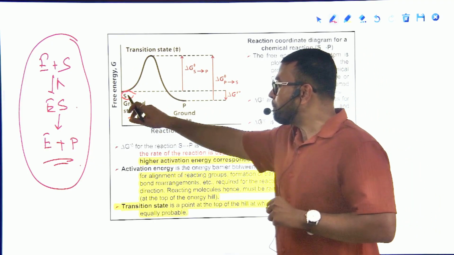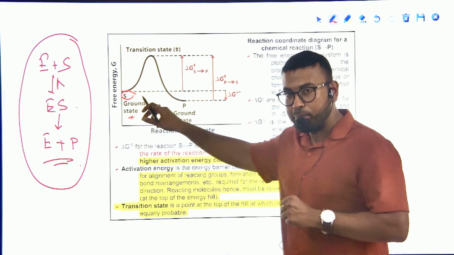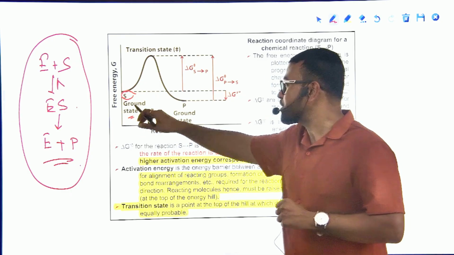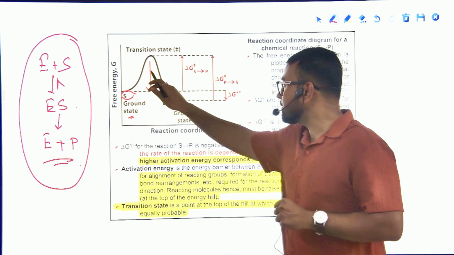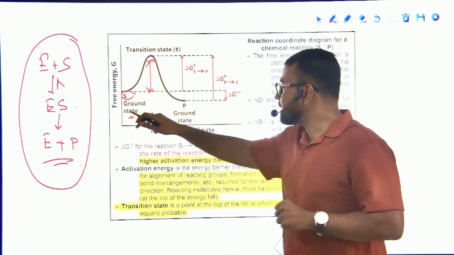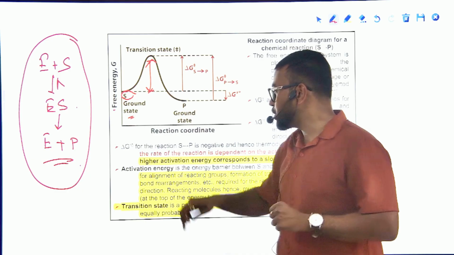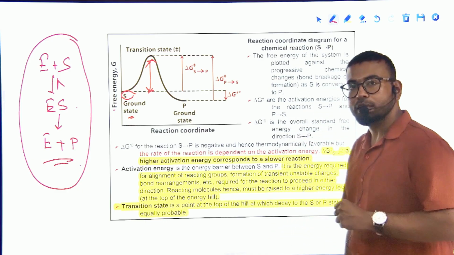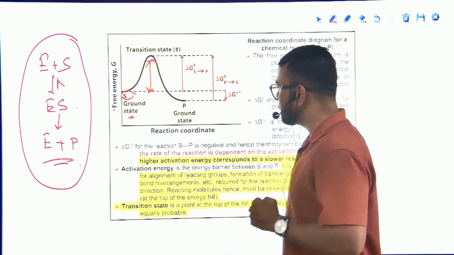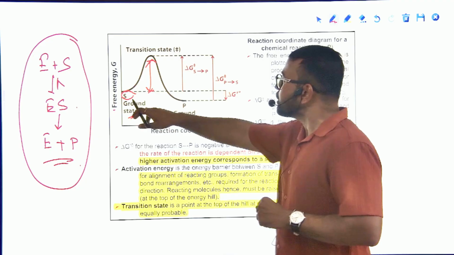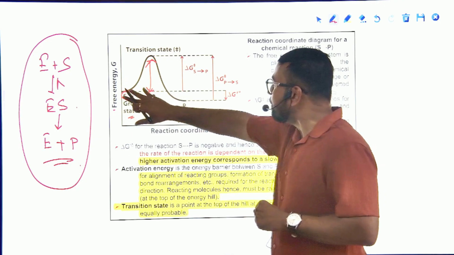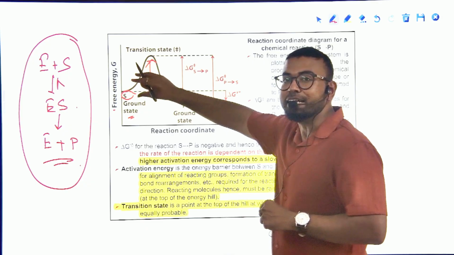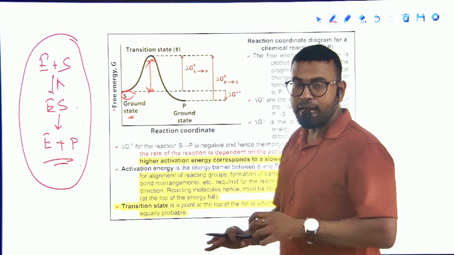So the applied energy upon the substrate to convert into the product is this. We are stating it as free energy. Now this free energy that is being applied on substrate is helping that substrate to convert it into product. As simple as that.